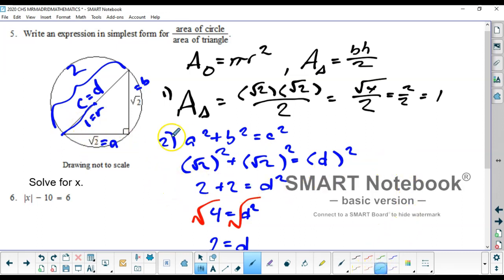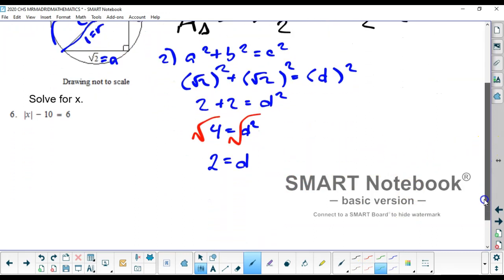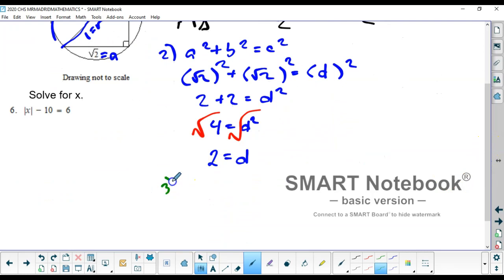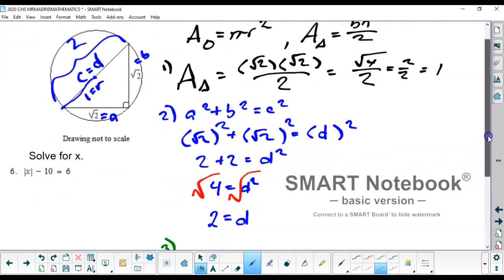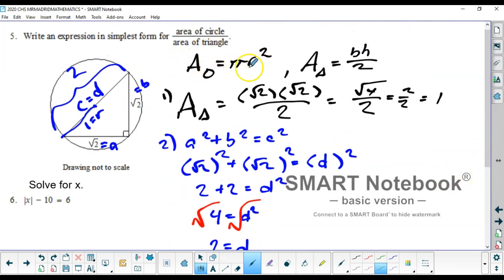So let's go and use that information. 1 is r. So now we go to step 3, and that is all we needed for the area of the circle.